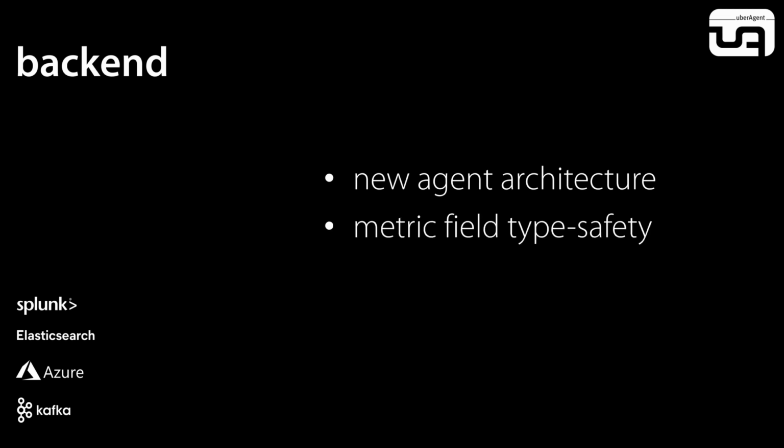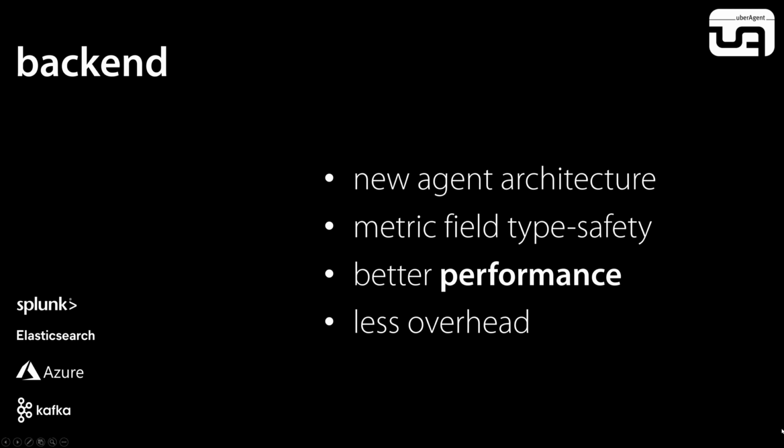But this new type safety that we introduced took a lot of wrangling internally, and the great thing for customers is that it results not only in easier and better support across backends, but in better agent performance as well. So when you're sending a lot of data via some kind of REST API via HTTP or HTTPS, the agent is a lot faster and needs fewer resources doing that. So all in all, less overhead for the agent, which is of course always a good thing.